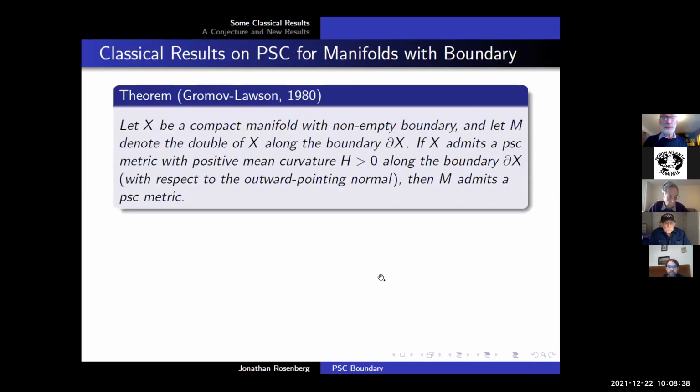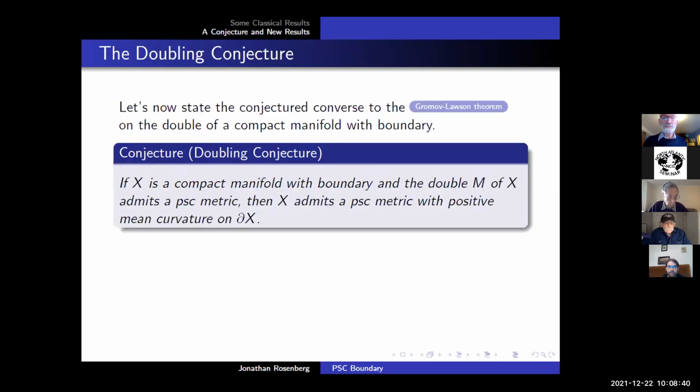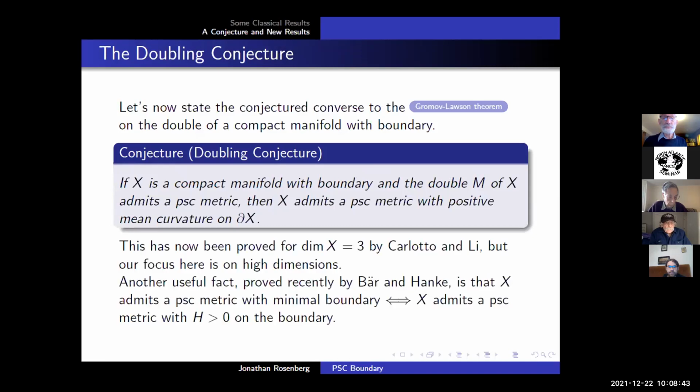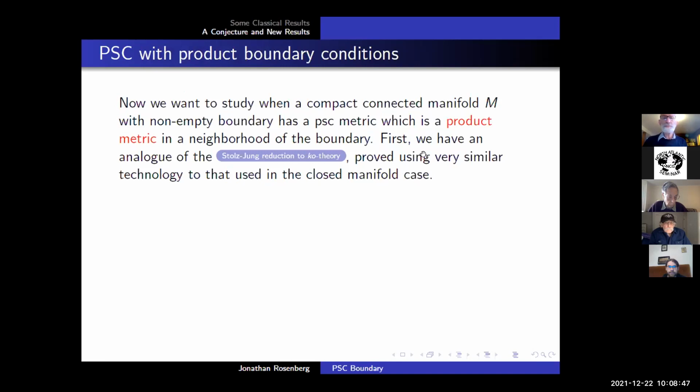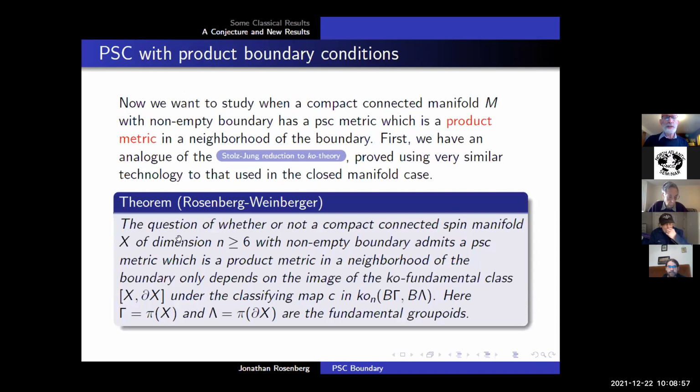All right, so let's go back here. Sorry, okay. So here is an analog of that theorem of Stolz and Young, and this is what it says. Suppose you have a compact connected spin manifold X with non-empty boundary, and you want to know whether it admits a positive scalar curvature metric which is a product metric in a neighborhood of the boundary.